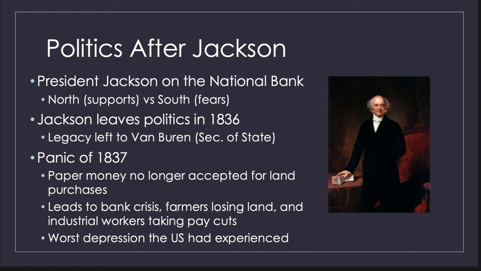So during Jackson's presidency was when we saw the chartering for the National Bank come up. Now, Jackson's supporters, like we said, were in the South, and the Southerners do not support the National Bank because they believed that the National Bank supported industry and really favored business, and therefore the North.